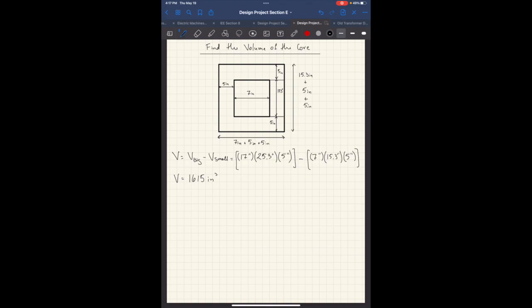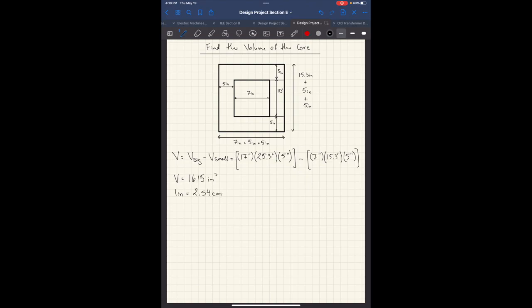Now we're going to have to go through a series of conversions. I want to convert it first into centimeters cubed. So 1 inch, how many centimeters? 2.5. Very good.